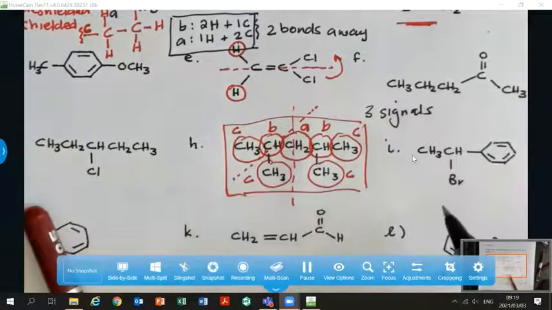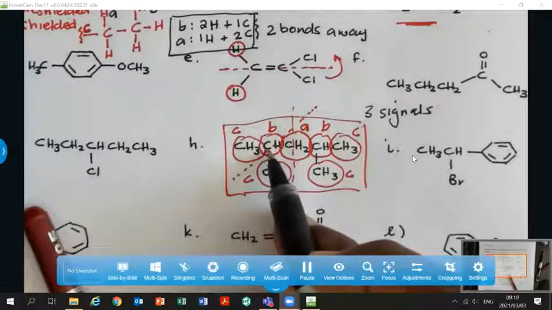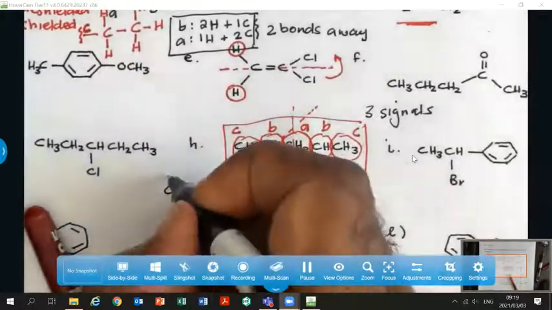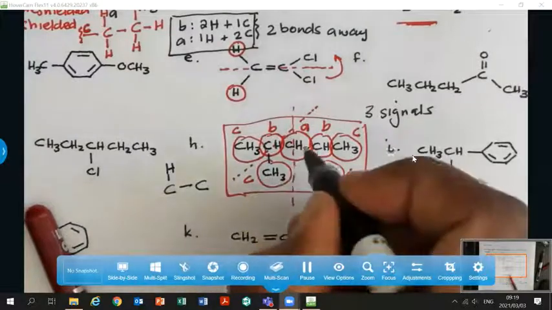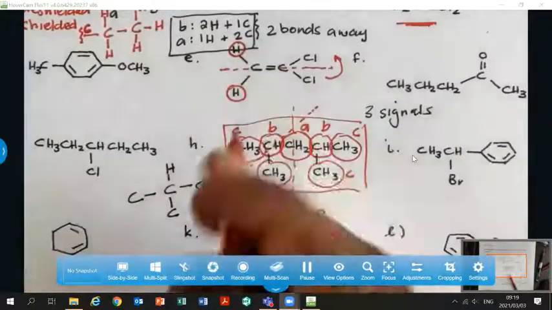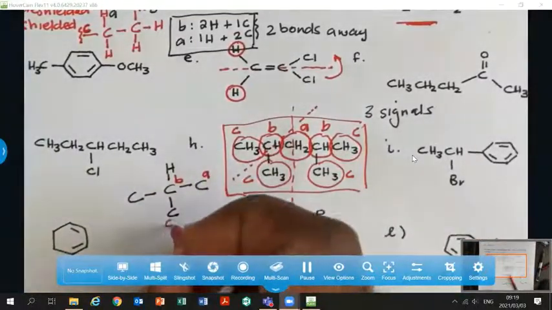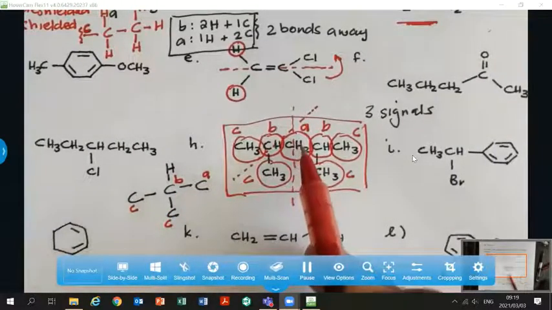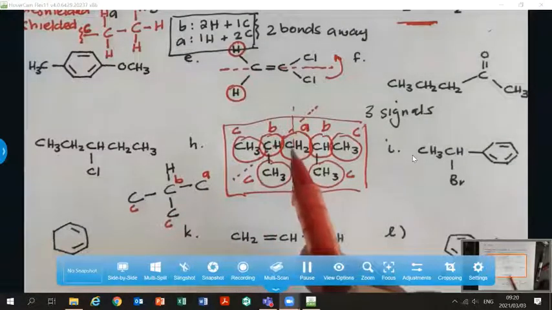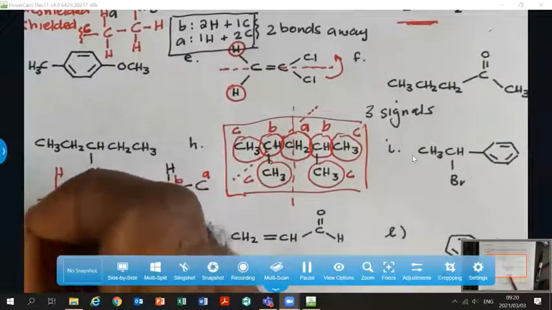All right, and if I look at the shielding and de-shielding effects, you'll see that this A carbon here will be the most de-shielded, because if I look at what it's next to, it's next to a hydrogen, and this carbon A is next to the carbon C and the carbon C. So this hydrogen I'm looking at is B, it's next to this A, it's next to the C and C. So it's next to 3 carbon atoms, as opposed to this central carbon, the CH2 group, which is next to 2 hydrogens and 2 carbons.